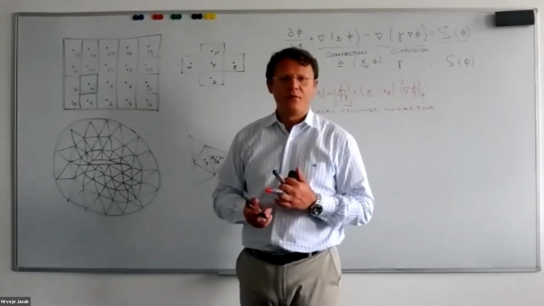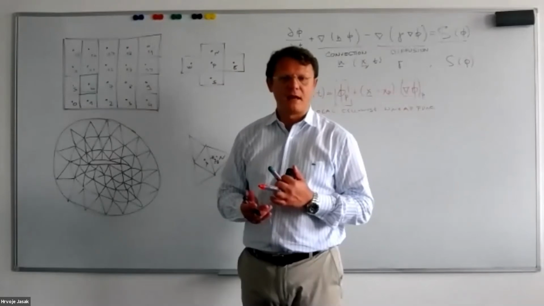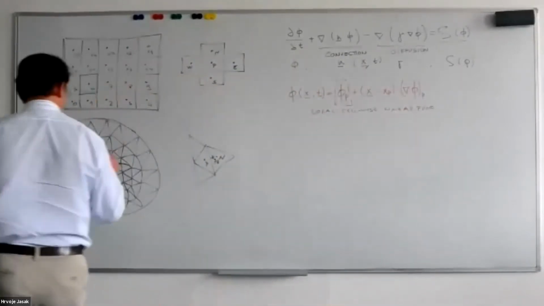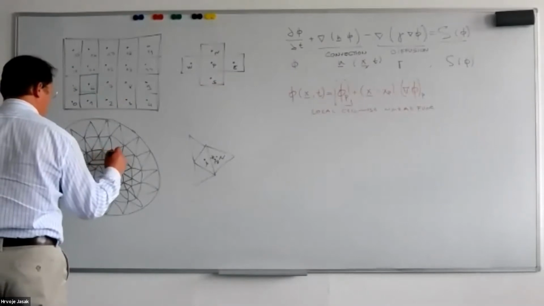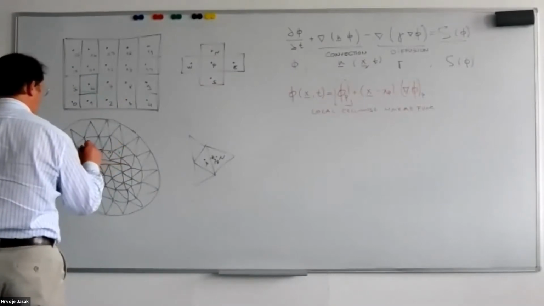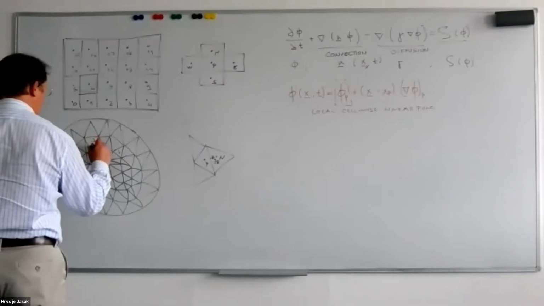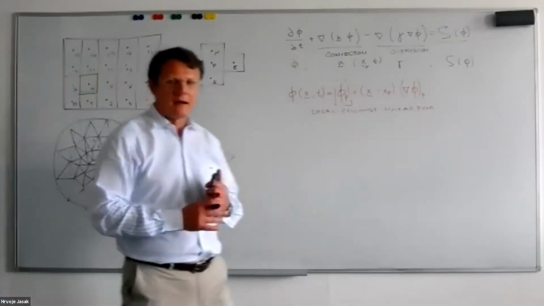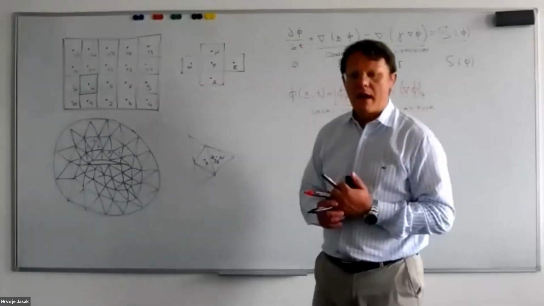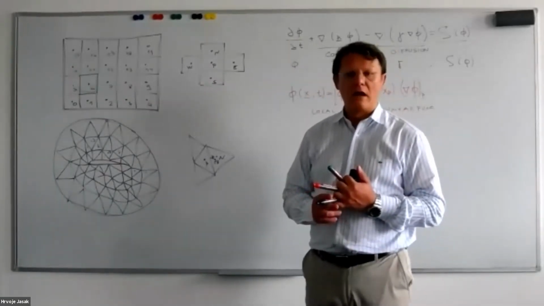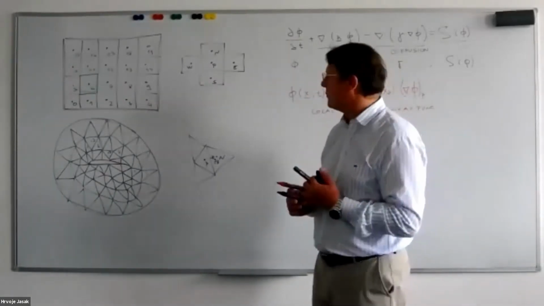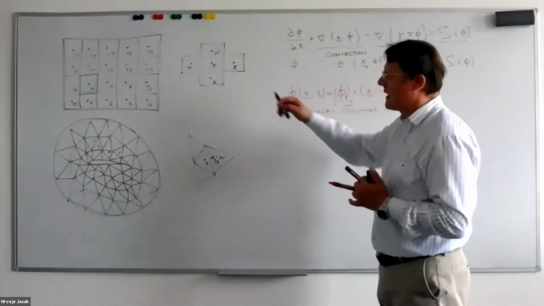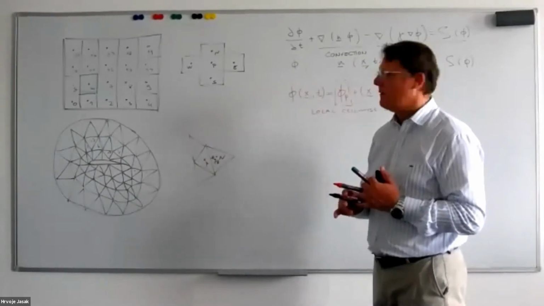In fact, the order of numbering of cells is completely arbitrary. So down here, I can do something like 0, 1, 2, 3, 4, etc., in any order that I like. So what does my solution look like? Well, it will be a set of values of my variable phi for each of the centers of the computational mesh.